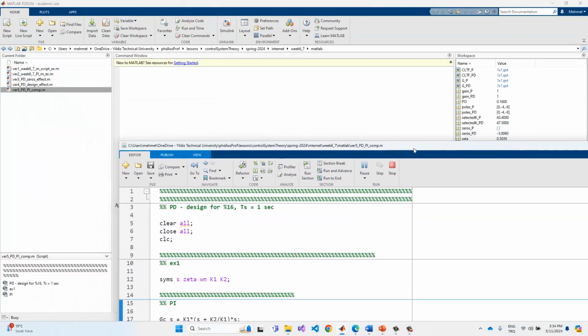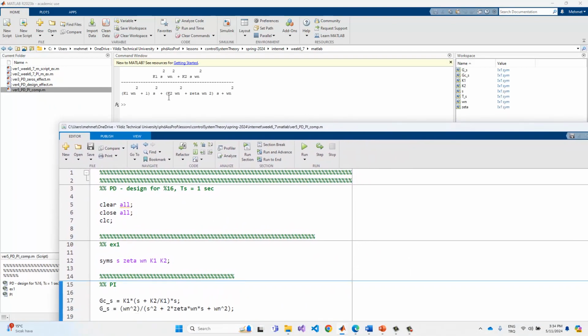And the collect function gives us the proper way to arrange these coefficients based on s. And so if I run this code, and then we will have our coefficients just like this one, okay? This is the solution for this nomination. But I'm sorry, this must be divided by s. Okay, just see that these are the results of the PI controller, and so we can easily obtain the transfer function of anything based on this symbolic toolbox.